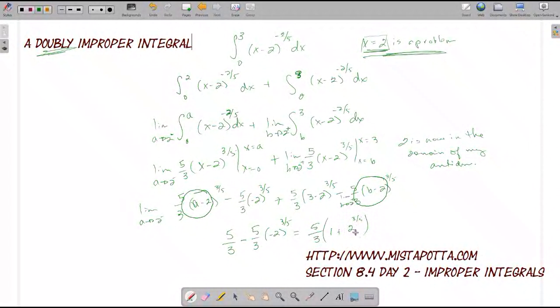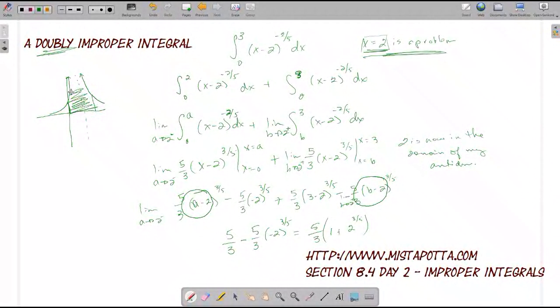And so what's happening is I have this function that has an asymptote at x equals 2. Even though my function has that asymptote, I can find the area from here to here.